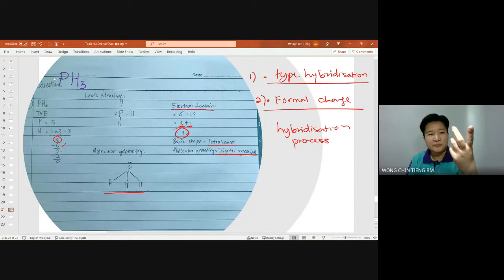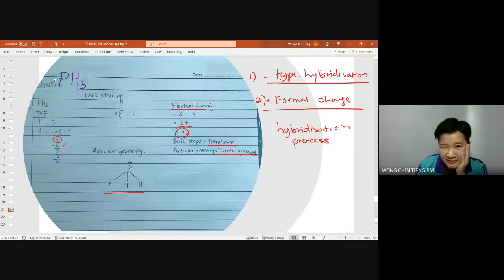S, berapa P? Tak dengar Putri? Tak dengar. Tapi bila nanti saya cakap thank you class dismiss, saya akan dengar suara Putri. Najla? Ya, Miss.